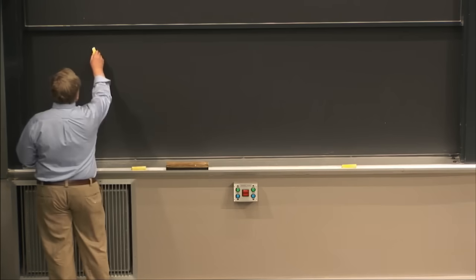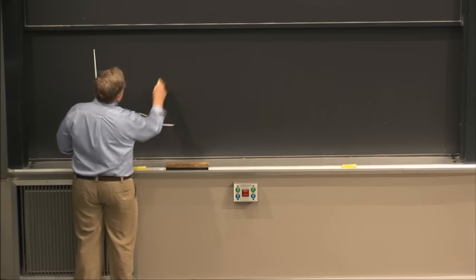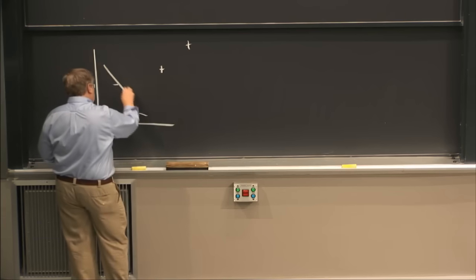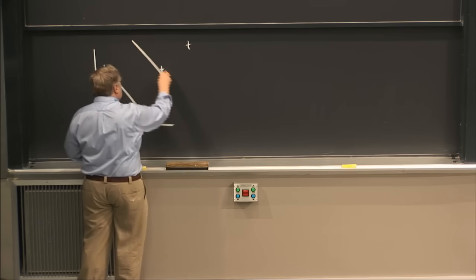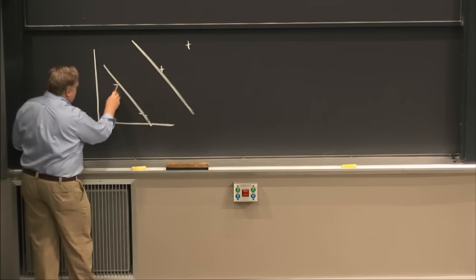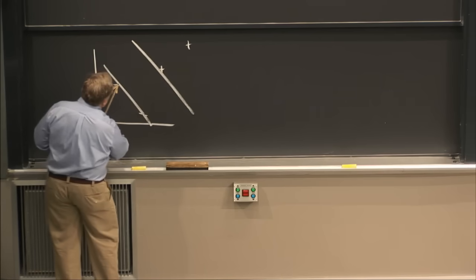Let's just repeat our drawing. We got some minuses here, got pluses out here, and we got gutters that are going down here. And now we've got a vector here to a minus, and we've got a vector here to a plus.